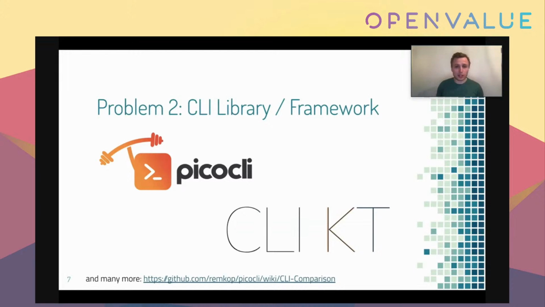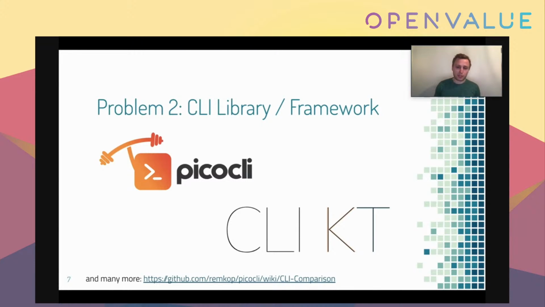That brings us to the CLI library or framework, if you would like to call it that. There are two major ones that can be used with Kotlin. Picocli is annotation based, and it's very extensive. You can do a lot with Picocli.